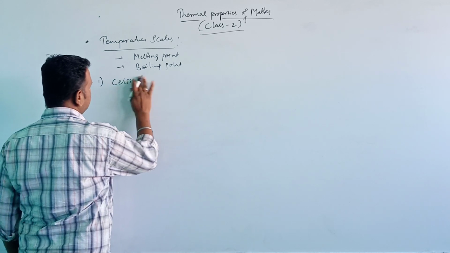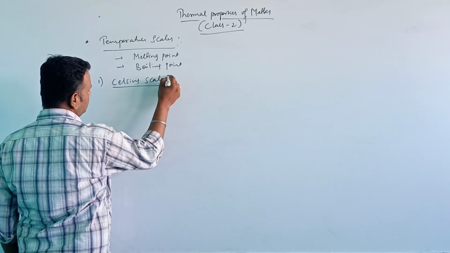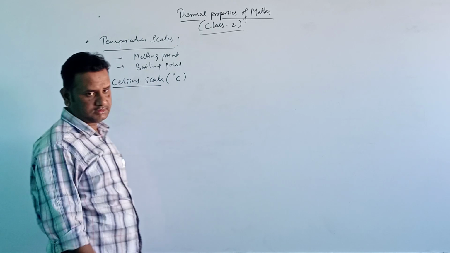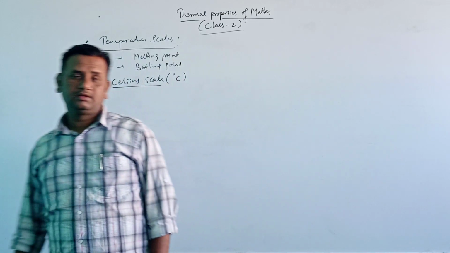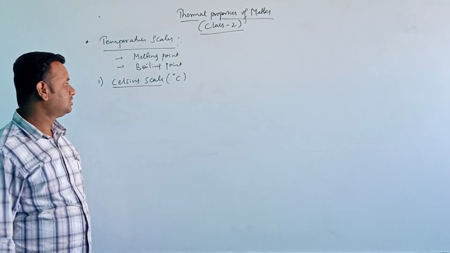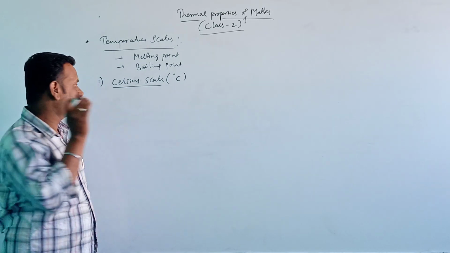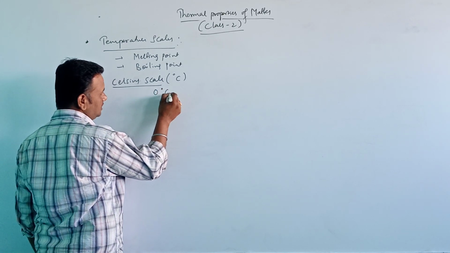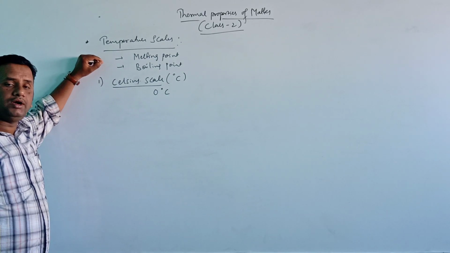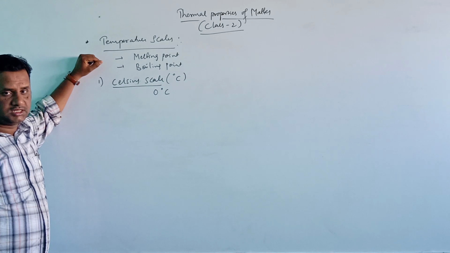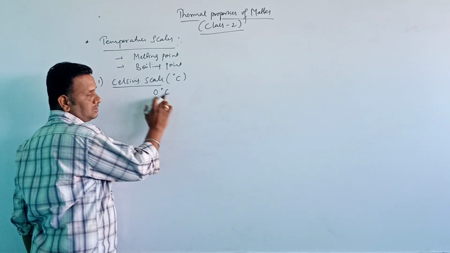Celsius scale, that is, degree Celsius. In this scale, the melting point of pure ice at standard conditions is 0 degrees Celsius.